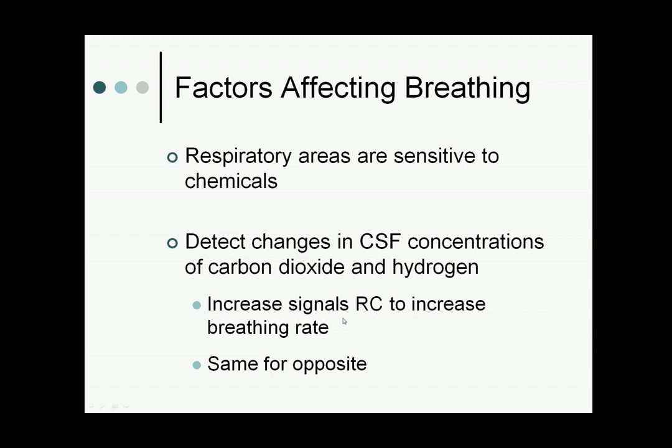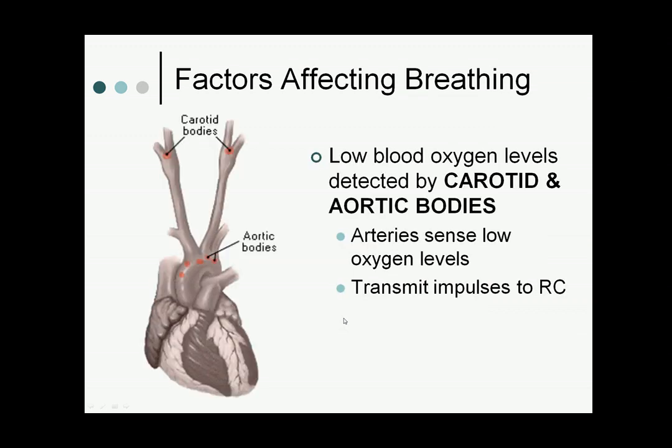So increasing signals increase the breathing rate, and then of course decreasing signals are going to cause a decrease in breathing rate. The other end of the spectrum is detecting oxygen levels, and that is done by the carotid and aortic bodies, which are located where you would probably assume, knowing about the cardiovascular system. I'm not going to ask you where these are located, I'm just going to ask you what they're detecting.